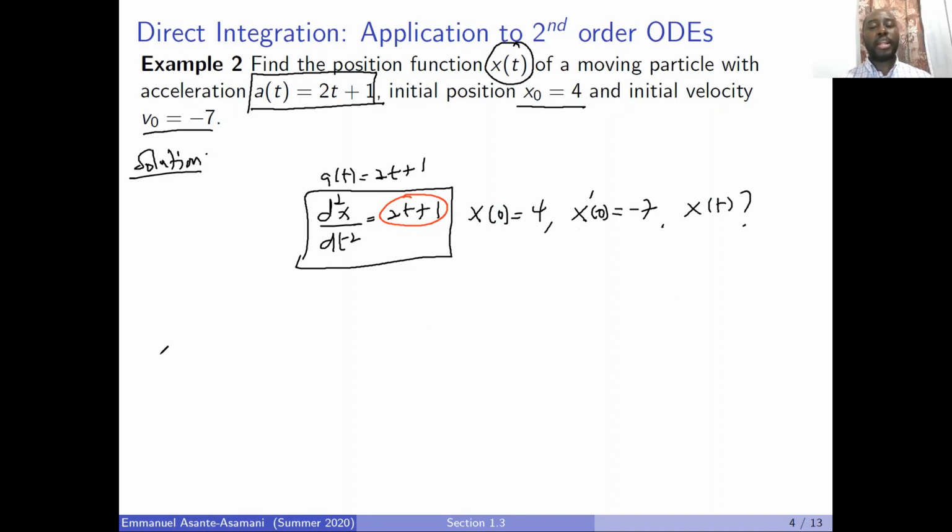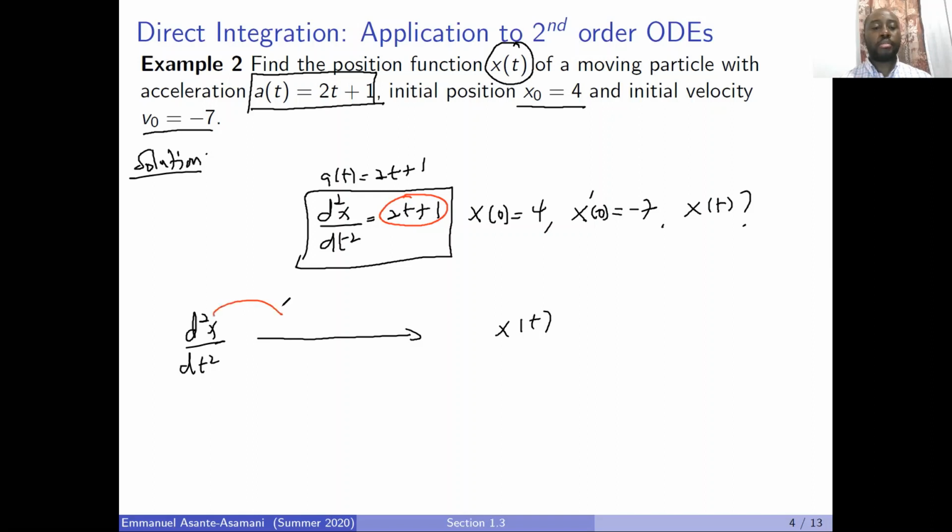Okay. Now the idea here is very straightforward, and you've done something like this in calculus. Hopefully you remember that. If I have the second derivative of a function, right, and I want to find the function, I can apply the antiderivative to move from the second derivative to the first derivative. Right.